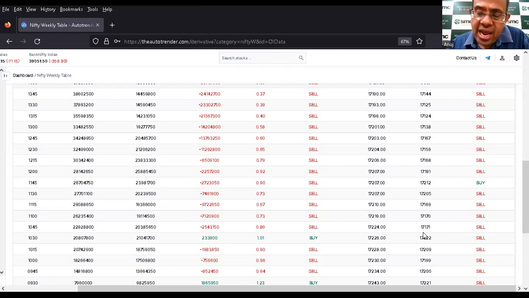You should always take a stop loss which is higher than the VWAP in case you are taking a put option, and in case you are taking a call option, then you should place your stop loss below the VWAP. Okay, understood? So by normal understanding or normal market behavior, 30 to 35 points above the VWAP would be your stop loss in case you are taking a bearish trade, in case you are taking a put option.